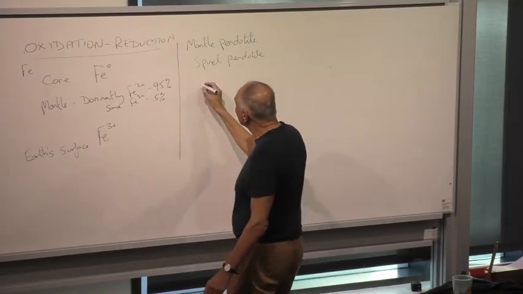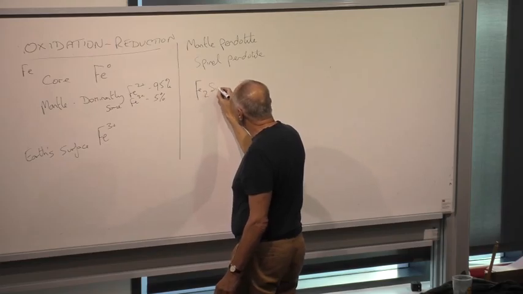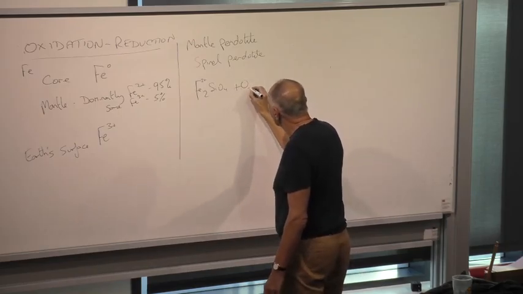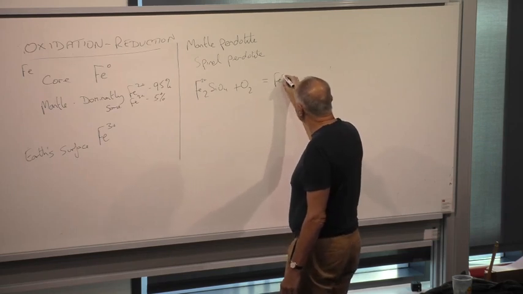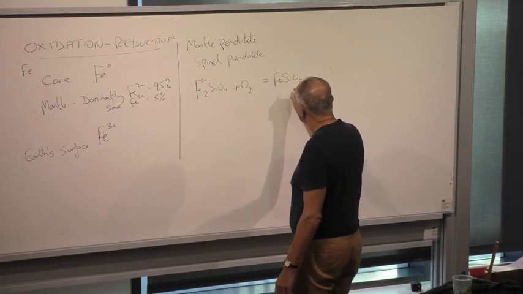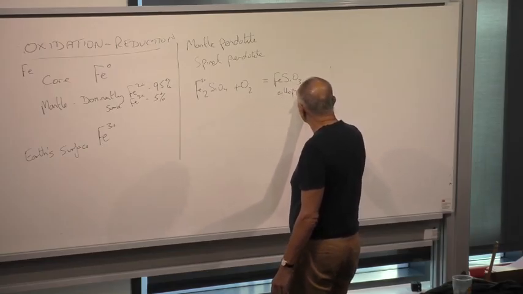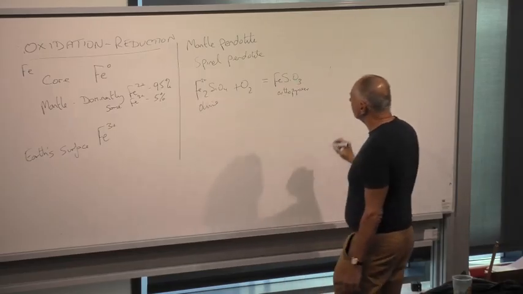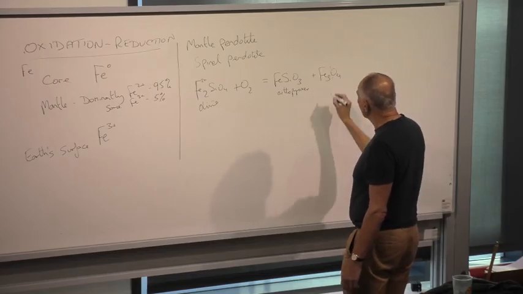You know how to do this. You take the iron component of olivine, that's Fe2+, and you add oxygen, and you get the iron component of orthopyroxene, plus Fe3O4, which is in spinel.